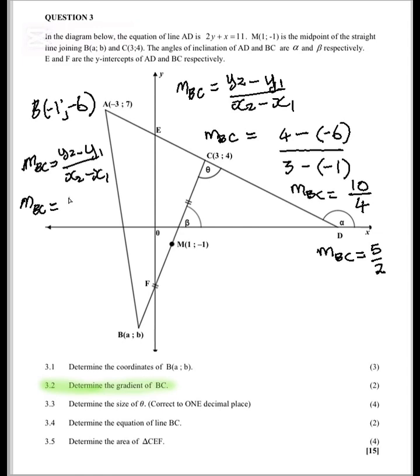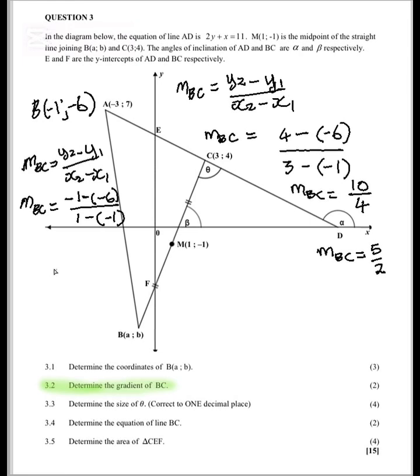Then for y2 you could use -1, and for y1, -1 minus -6, over our x2, which will be 1, minus -1.